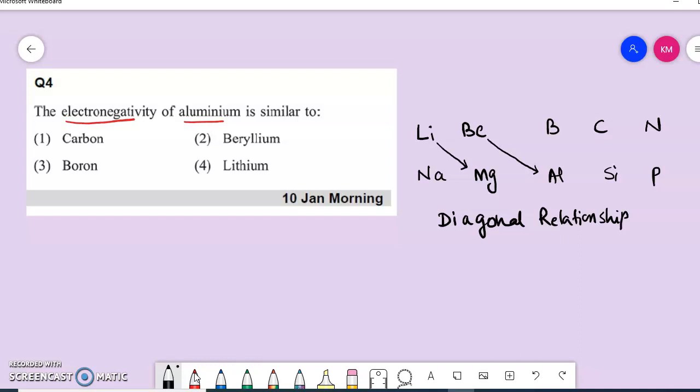Because of their small size and high polarizing power, second period elements are diagonally related with the third period elements. So aluminium's electronegativity is similar to beryllium. Because of the diagonal relationship, beryllium and aluminium both have the same electronegativity. So option 2 is the correct answer for this. Hope you understand, children.